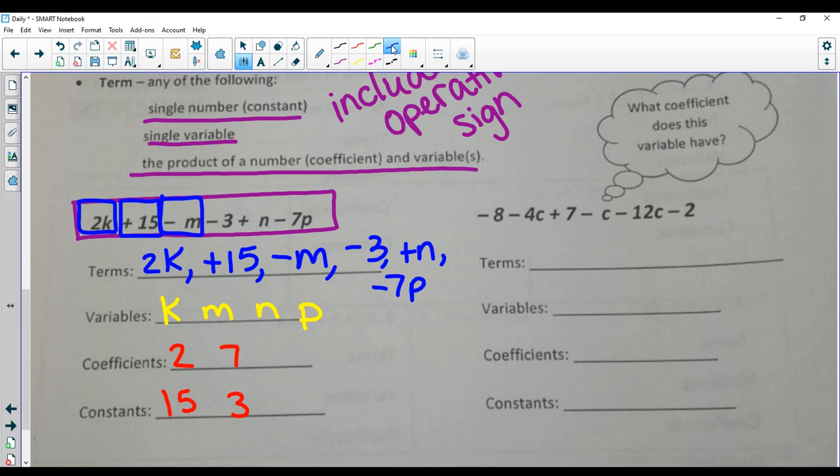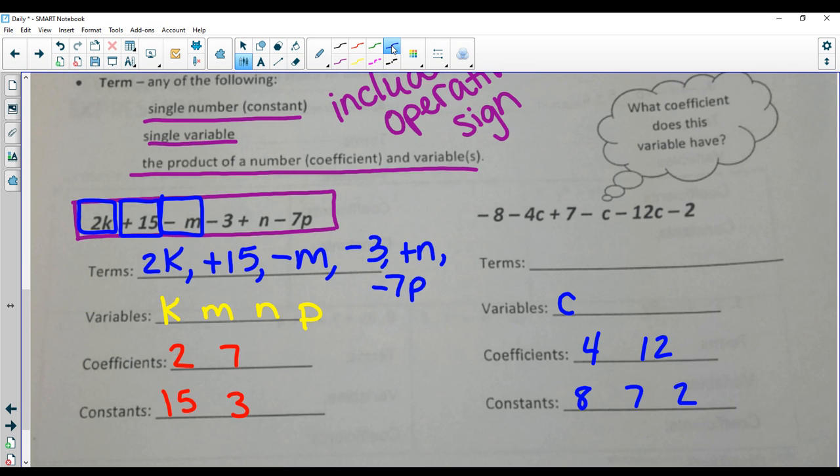What's the variables for the next one? C. It's just C, right? So we're only going to write C once because there's not more than one variable. What are your coefficients? 4 and 12. Approximately 8, 7, and 2.